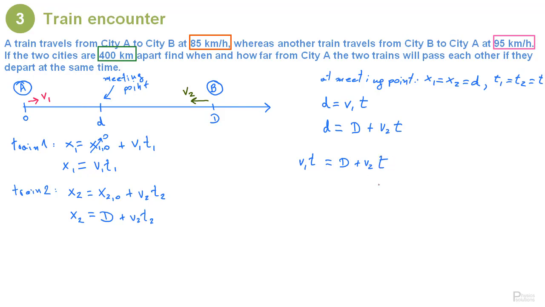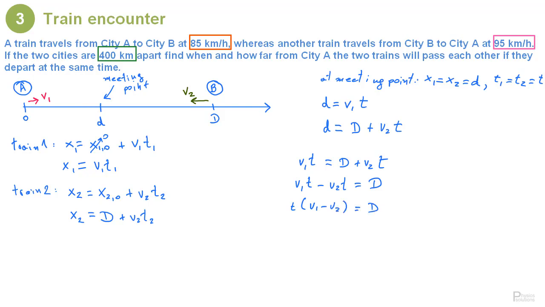And here is just algebra. I have a linear equation for t. Notice that the little d disappeared, so we have only one unknown, therefore we can solve it. So now it's just algebra manipulation here. The terms with the t, I want to collect them all together, so I will pass that term to the left: v1t minus v2t equal big D. Now I can take the common factor t and write this as t times v1 minus v2.